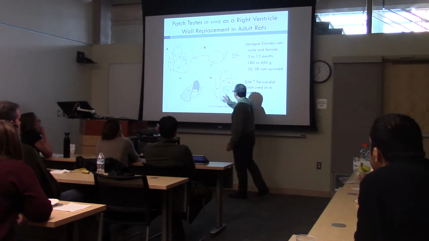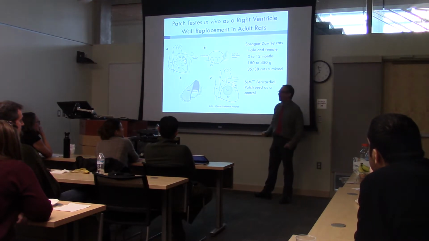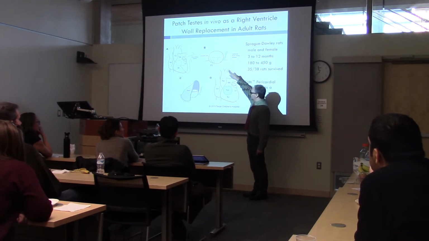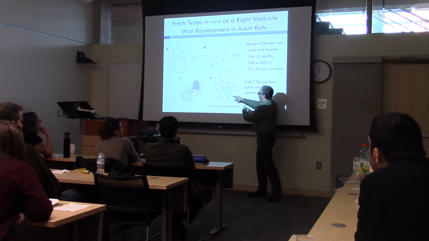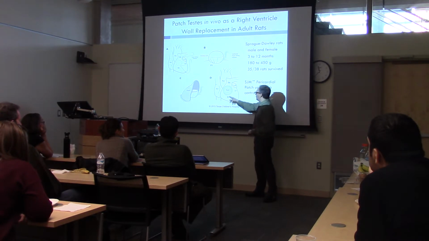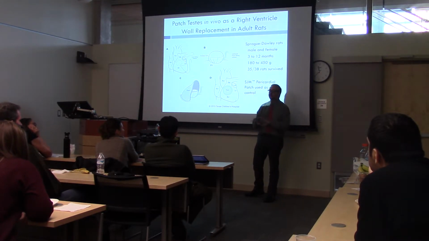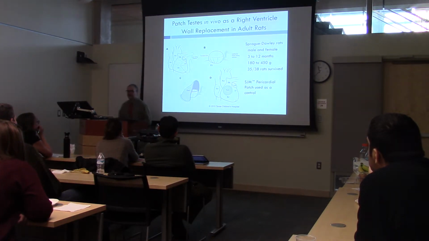What we end up doing is replacing about half of the right ventricular free wall with a patch by pinching it down, cutting it out while the heart's beating, putting in a patch, and releasing it. All of this tissue bounces back, and you end up with a patch that's contacting blood on the inside. It's just replacing that wall. You can do this in a rat because a rat really doesn't need its right ventricle. You can just put a piece of plastic in.